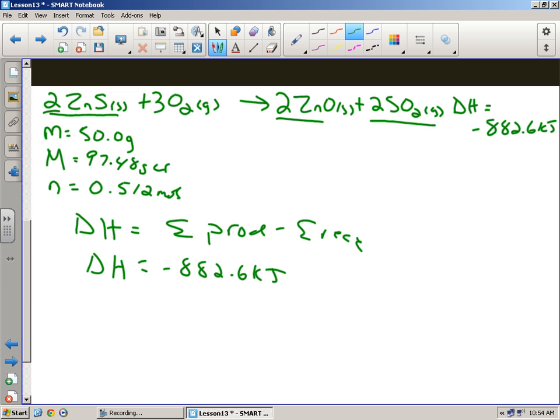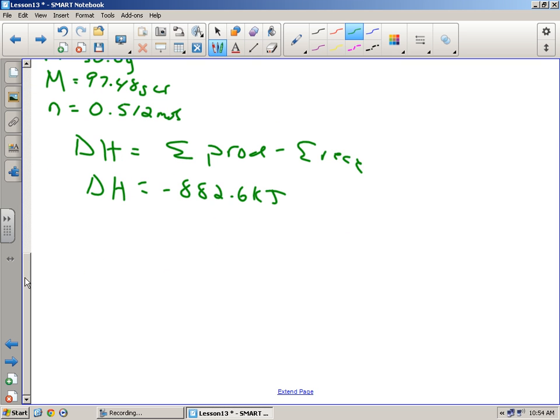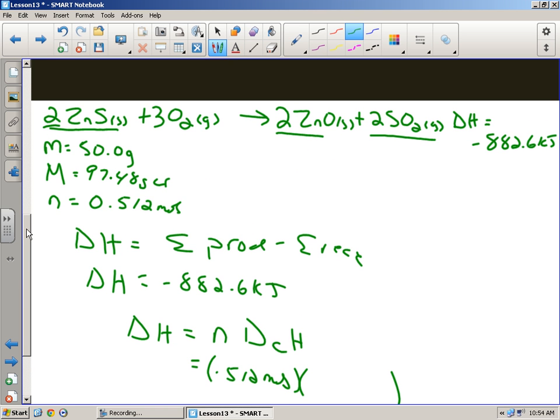And once again, now you say, well, okay, but I'm not burning 2 moles. I'm burning 0.512. So that's quite significantly different. Delta H in this case is the delta H of combustion. Like I said, 0.512 moles, roughly, give or take a bit. And the molar enthalpy of combustion, right?